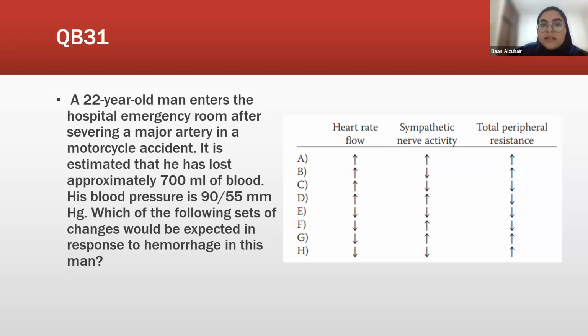Yes, you guys are correct. It is A. You would expect an increase in heart rate due to the hemorrhage. The heart is trying to compensate. Sympathetic nerve activity and total peripheral resistance would increase due to the sympathetic nerve activity being increased. I hope that's clear. Good.